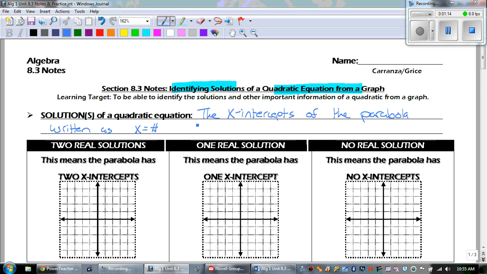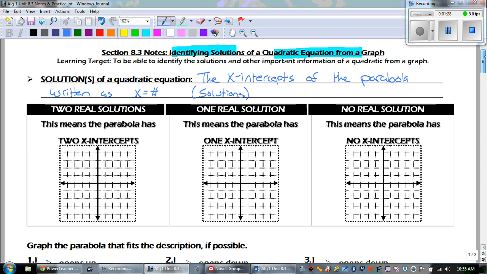And those are our solutions. So it's the x-intercepts of the parabola, and it's always written as x equals a number, and we call those our solutions, okay?